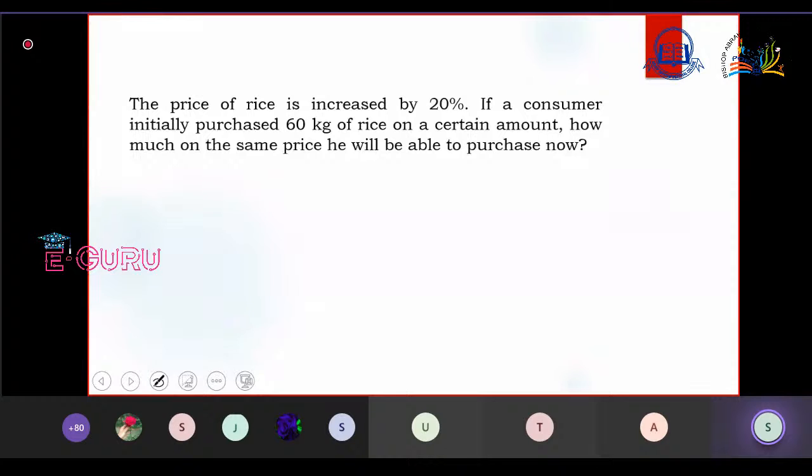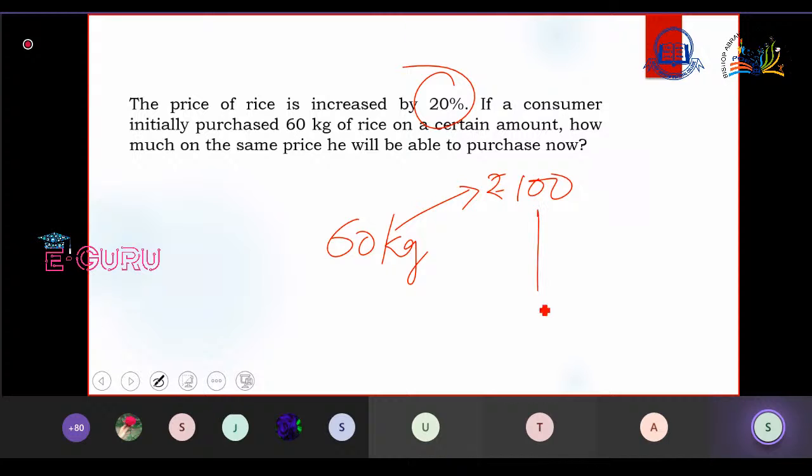Same type of question, but the only thing is that here instead of decreasing, the price is increasing. The price of rice is increased by 20%. So if a consumer initially purchased 60 kg rice, how much on the same price he will be able to purchase now? Again, we will move the same way. We will assume that initially for 60 kg, the price was 100 rupees. Now the price got increased by 20%.